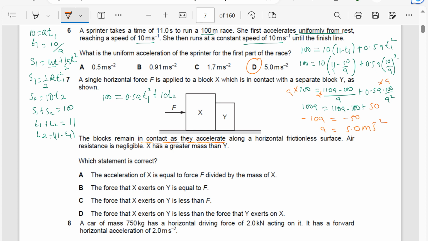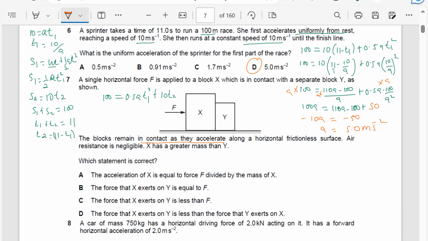The acceleration of X is equal to force F divided by mass of X. The force that X exerts on Y is equal to F. The force that X exerts on Y is less than F.